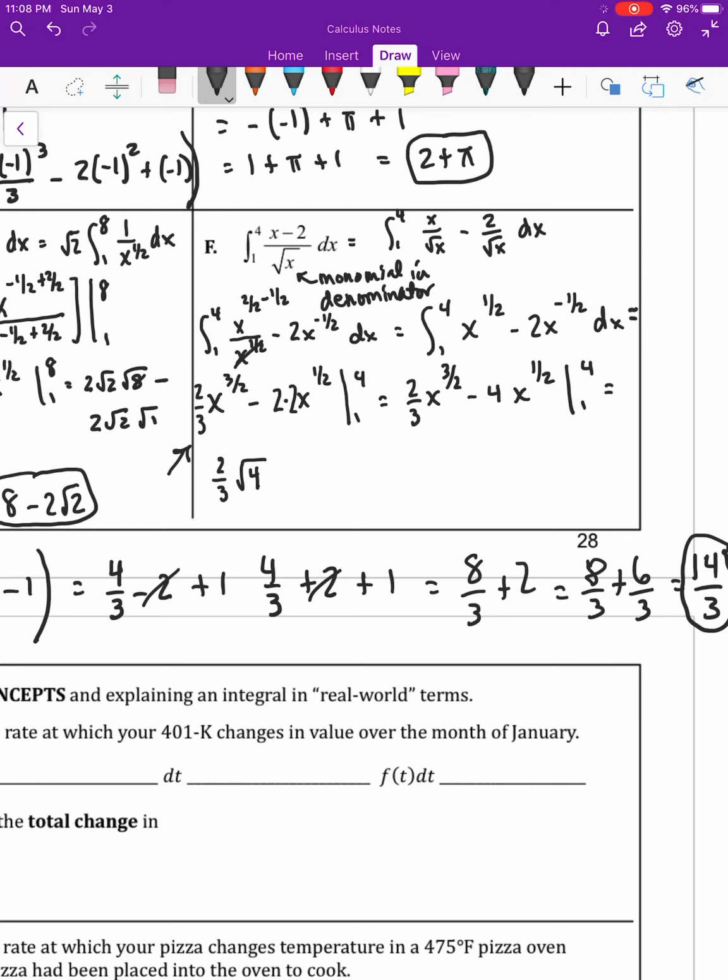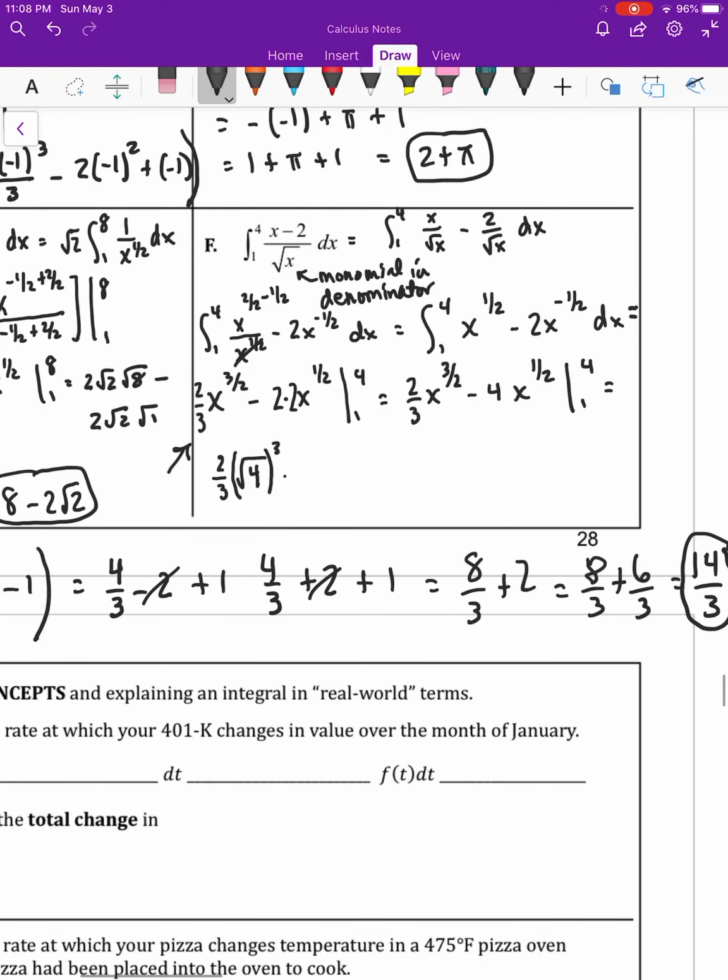All right, so now 2/3. And then, of course, this denominator of 2 tells me that's a square root. And I'm going to do the 4 first because it's the top number. And then this would be, because it's 3/2, that would be to the 3rd power. Minus 4 times the square root of 4.